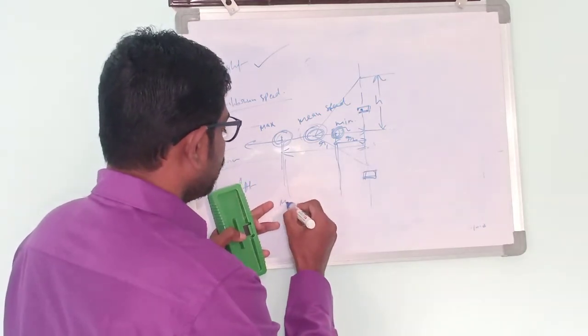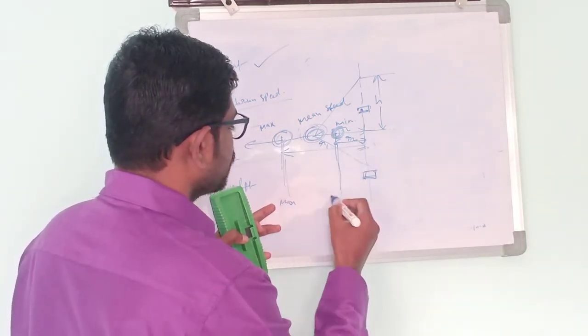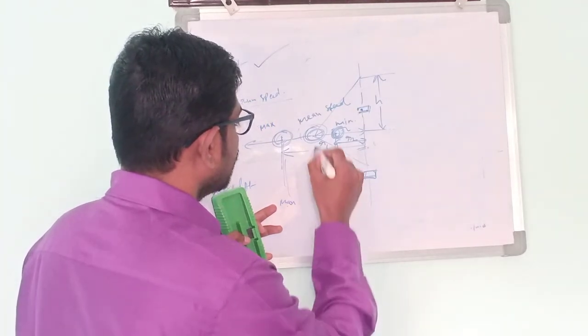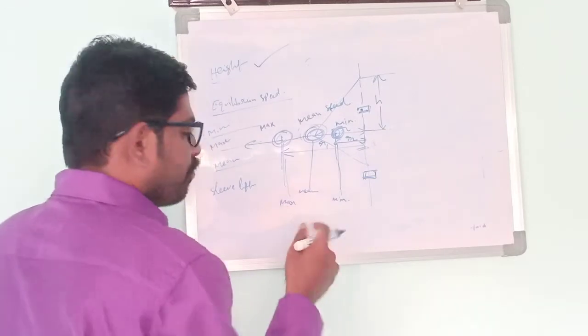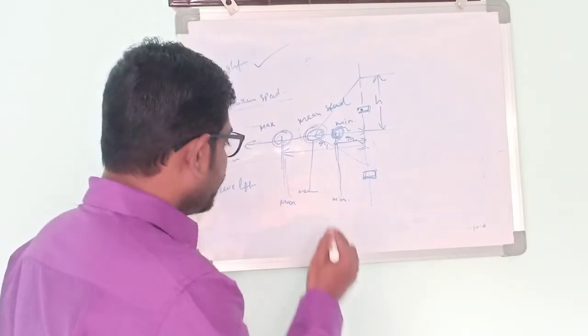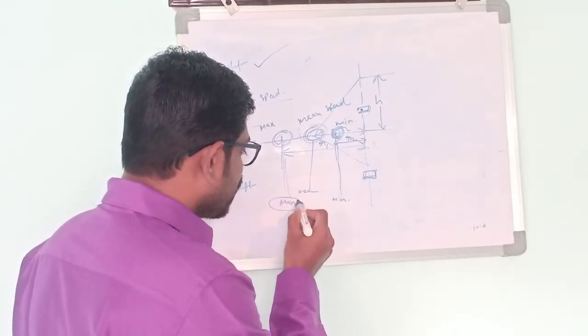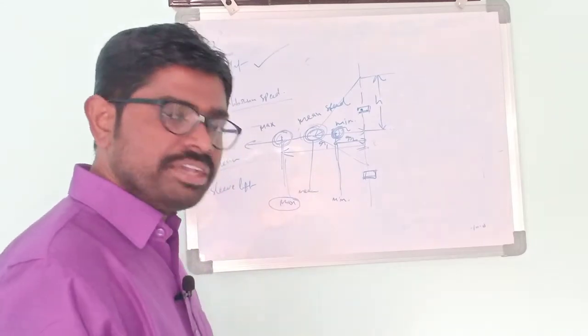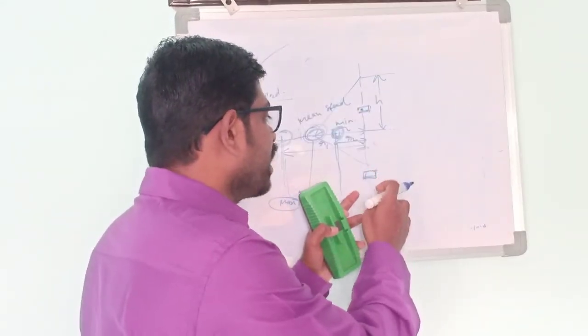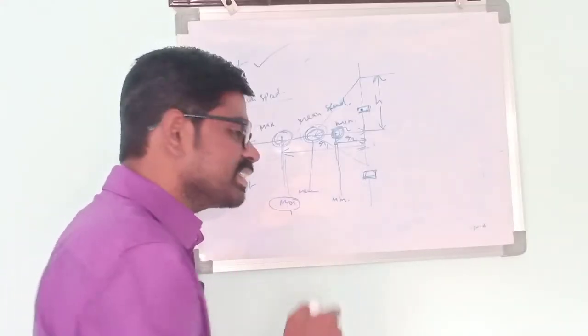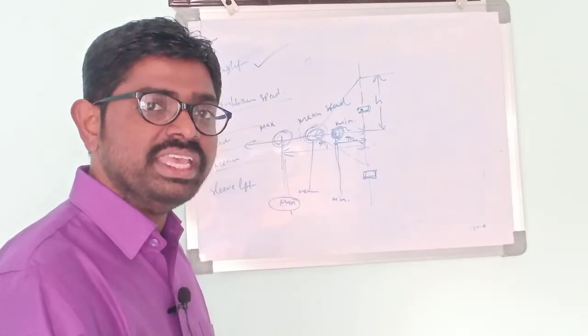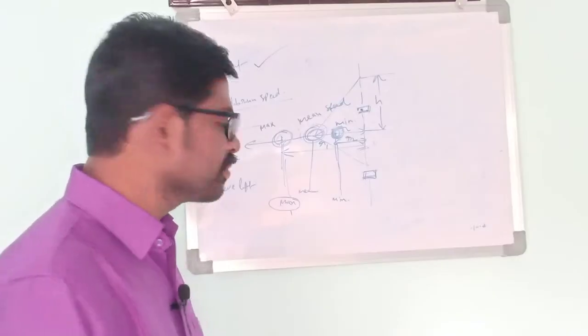Here we call it the maximum position, and this is the minimum position. In between is the mean position. For example, at this maximum position of the ball, if the sleeve does not tend to move either upward or downward, that particular speed we call the maximum equilibrium speed.